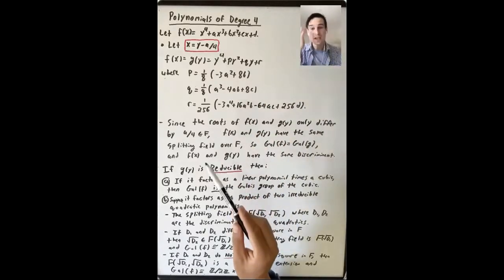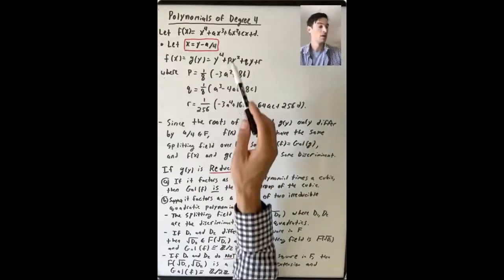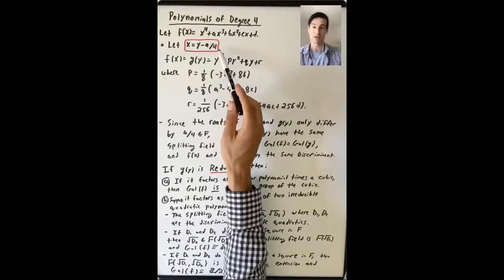Just like an important first step with cubic polynomials was to make a change of variables to change our polynomial x cubed plus ax squared plus bx plus c to one in which the x squared coefficient was 0 that had the same Galois group, we're going to do something really similar here.